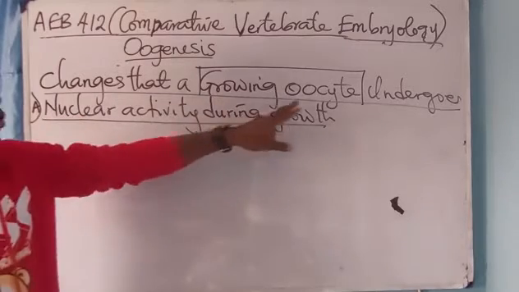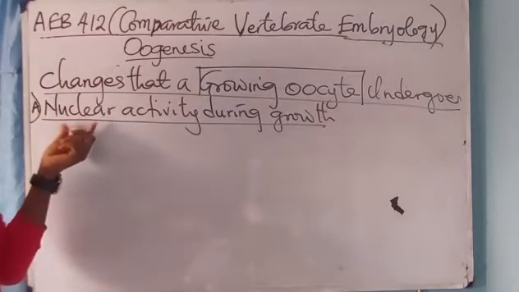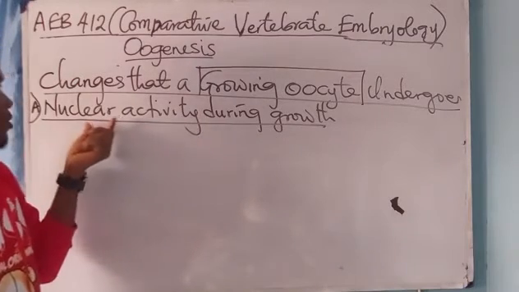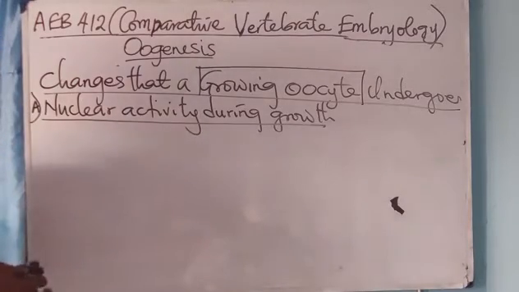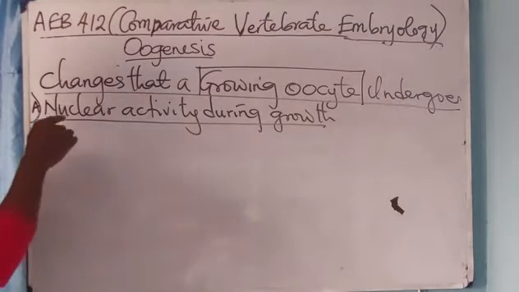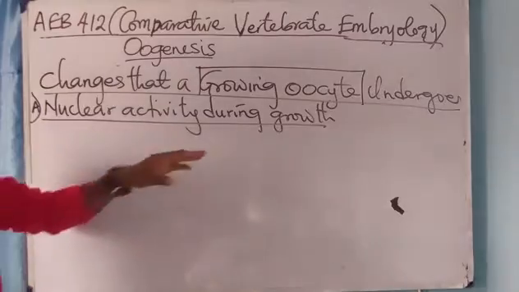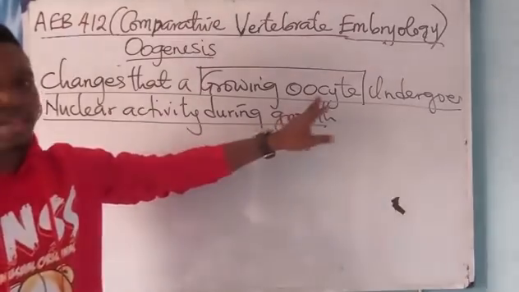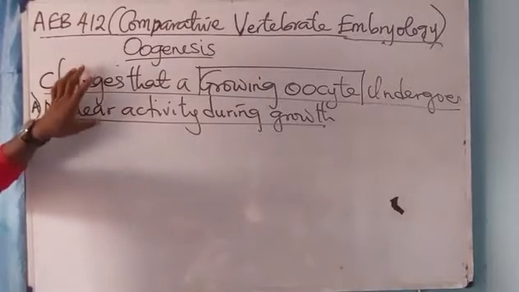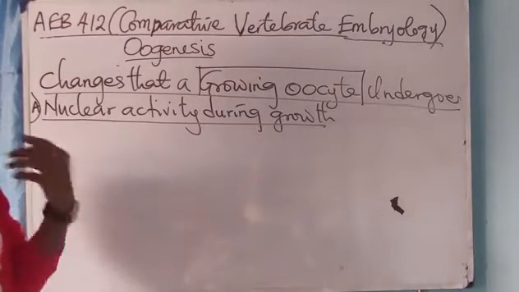The growing of the oocyte depends on the activities that occur inside what? The nucleus. Now, during this process, the nucleus of the oocyte would increase in size, all right? The nucleus of the oocyte would increase in size.